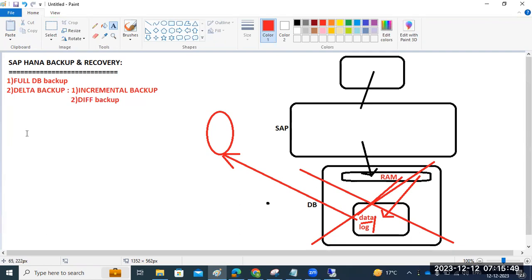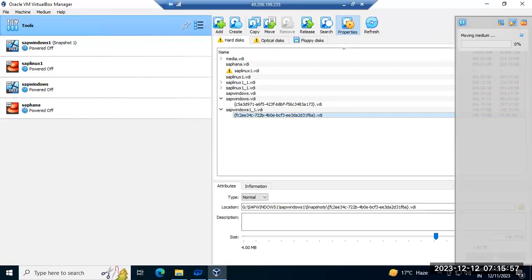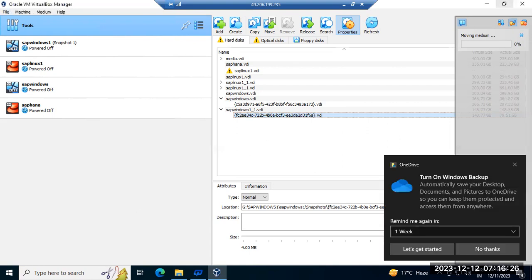So what does it mean by full database backup? Full database backup means all the data, whatever data is there in your database, we can take the backup.